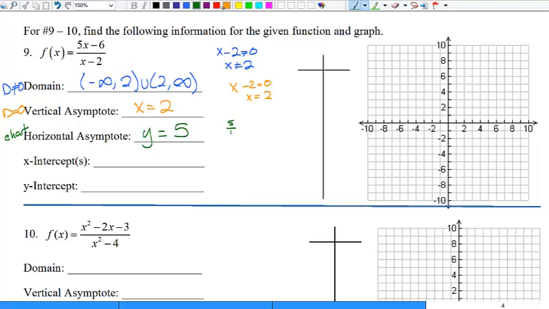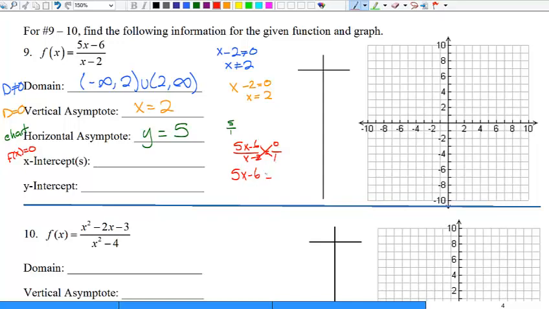To find the x-intercept, I am going to set the whole function equal to 0, as we did with several other problems throughout this test. When you set the whole function equal to 0, we have a cross multiply situation, and the denominator times 0 is always 0. So I have 5x minus 6 times 1, which is 5x minus 6.